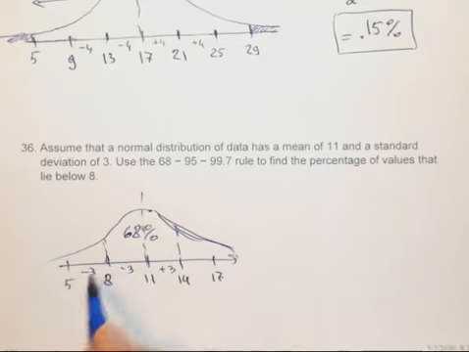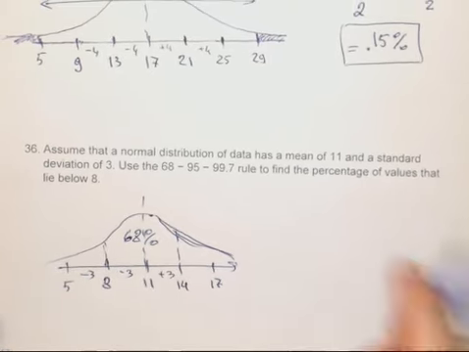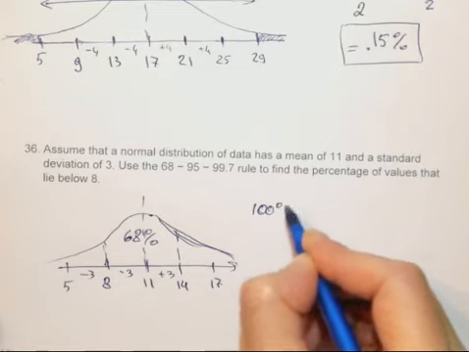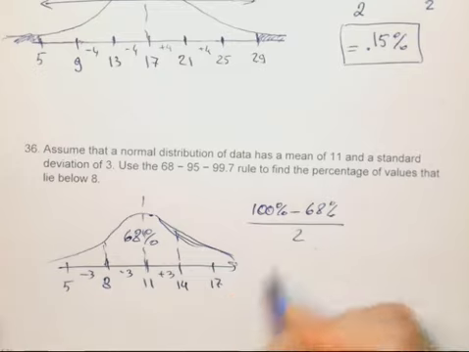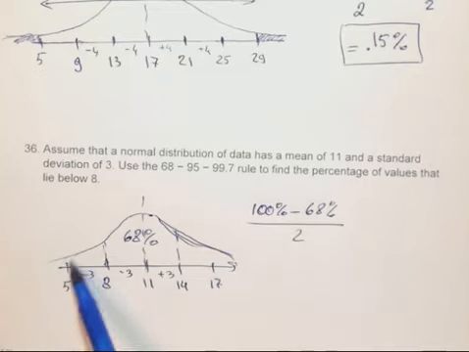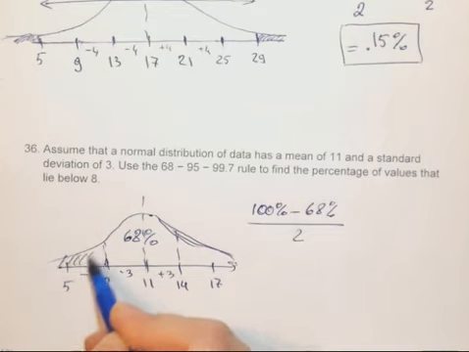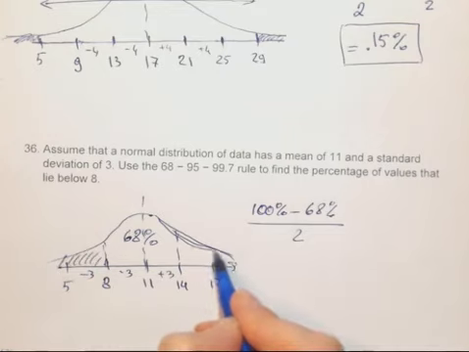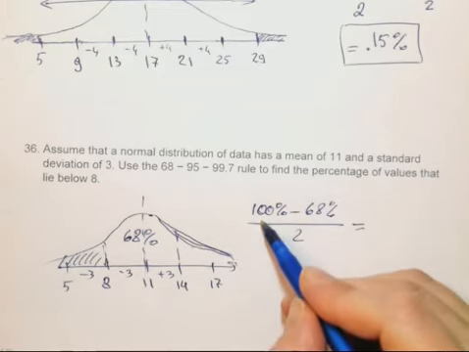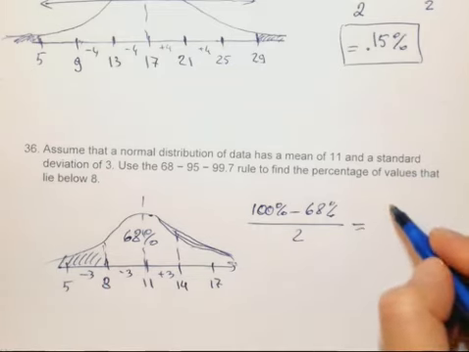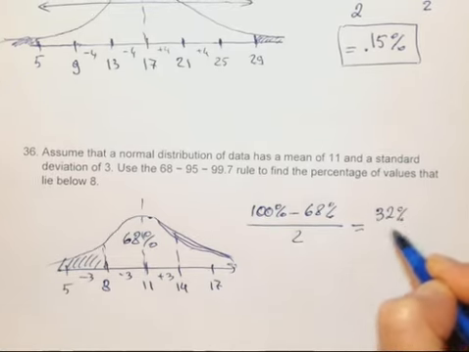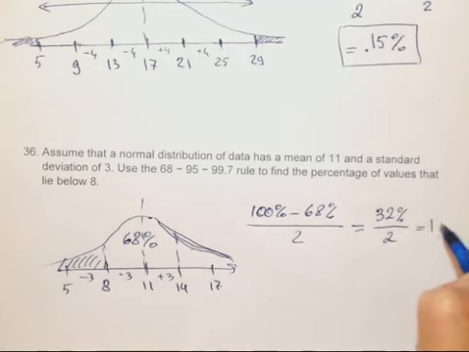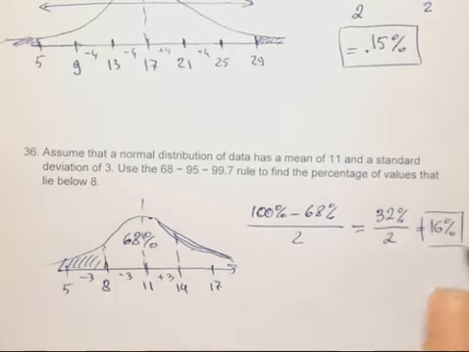So the rest is outside. So we subtract 100 minus 68 and divide by 2. When we subtract, we get this plus this, and we need 1/2 of them. 100 minus 68 will be 32%, divided by 2 will be 16%. 16% of data values lie below 8.